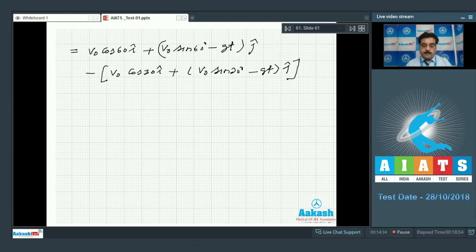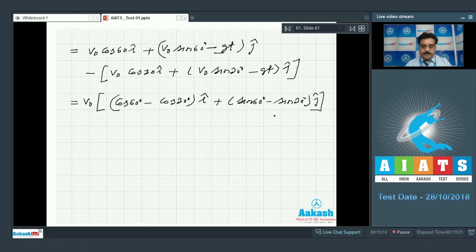So when we subtract this, gt here has a minus, so it becomes plus, then gt will cancel out, and if I take v0 as common, then you will find only cos 60 degree minus cos 30 degree i cap, if I take i cap as common from both brackets. Next part will be sine 60 minus sine 30 j cap.